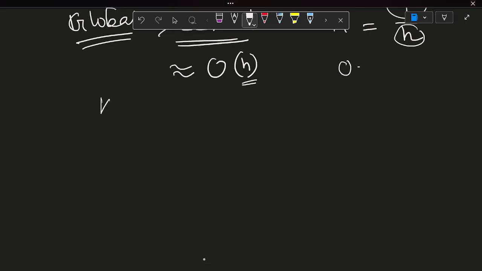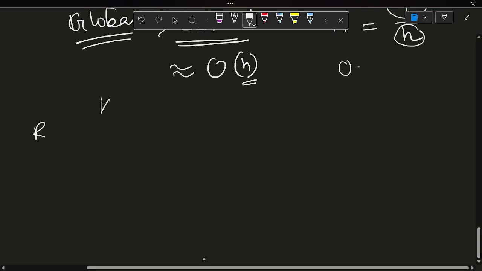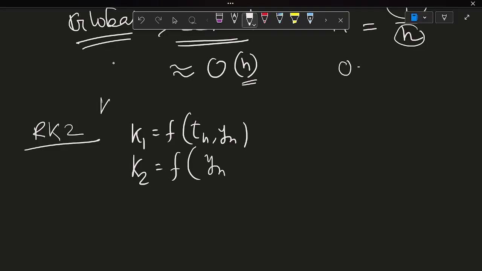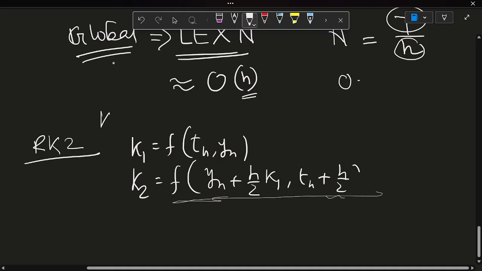So let me do it for RK2. We have k1, which is the function evaluated at (t_n, y_n). Then we have k2, which is the function evaluated at y_n plus h by 2 k1, t_n plus h by 2. Then y_{n+1} we can write as y_n plus h k2.